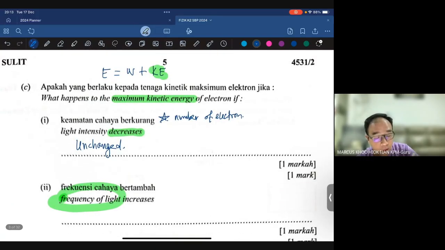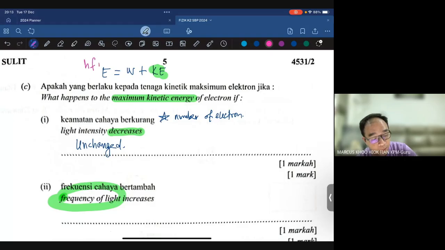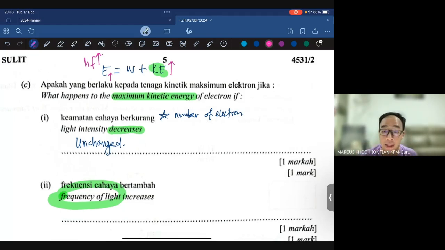Now, if you go back to the formula, hf, if you have a bigger frequency, you are going to have a bigger energy. Having a bigger energy means you are going to have a bigger kinetic energy, because the work function is never going to change. The work function only changes if the metal changes. Different metals have different work functions.